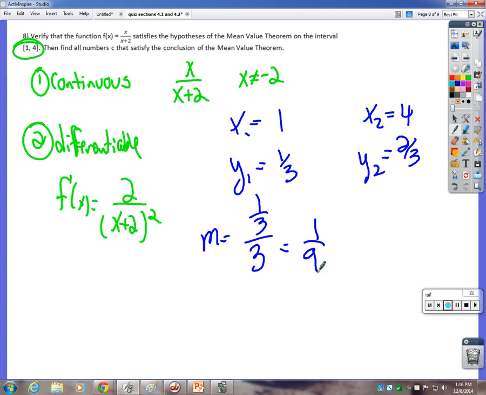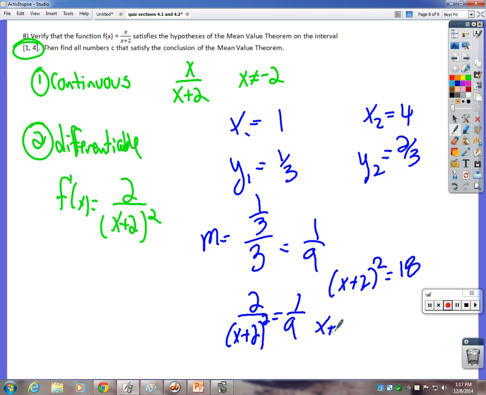So that means that I need to take this derivative here and set it equal to 1/9. So 2 over x plus 2 squared has to equal 1 over 9. So I just cross multiplied and said x plus 2 squared has to equal 18.